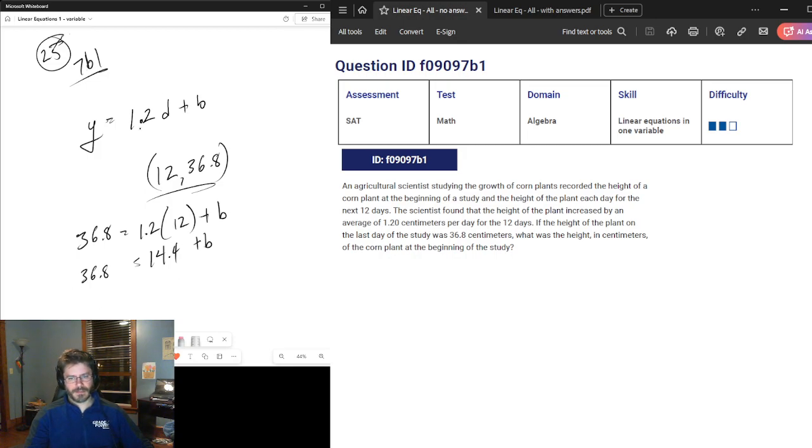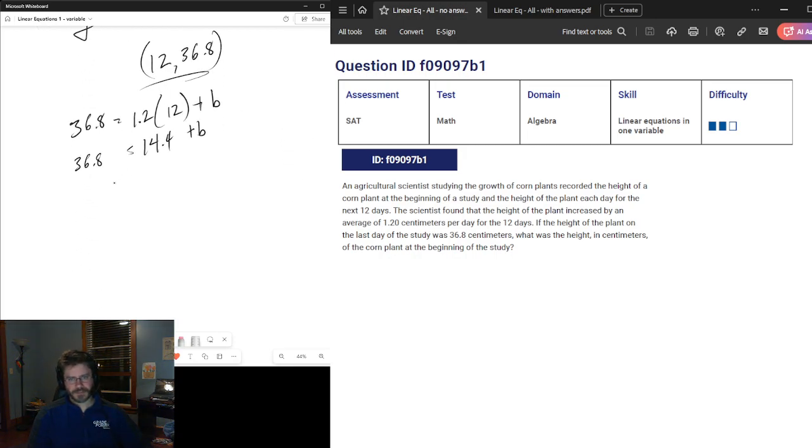Subtract 14.4 over, and we get 22.4 is our b value.